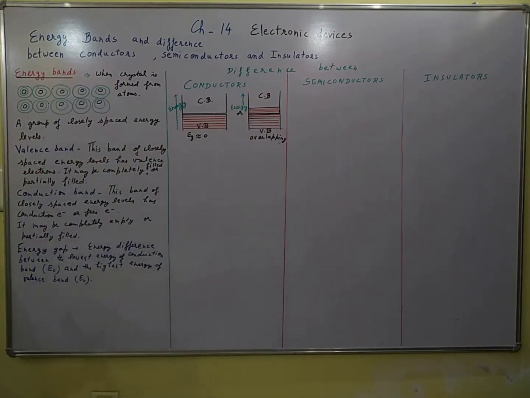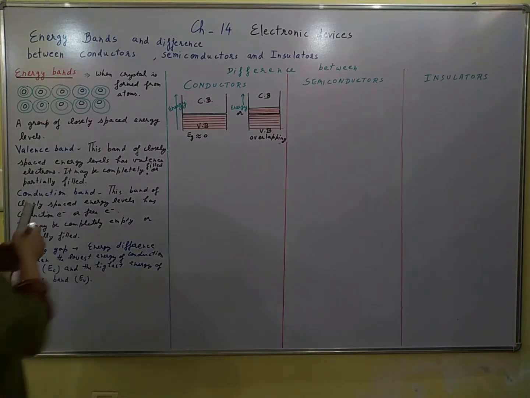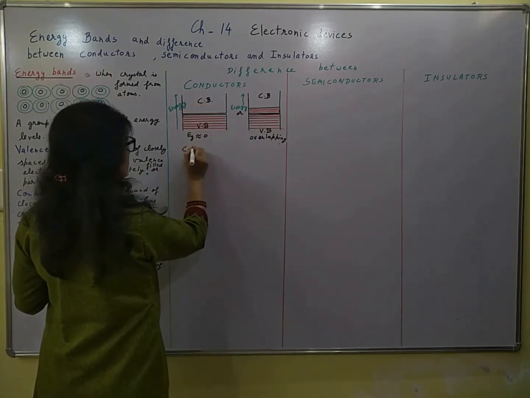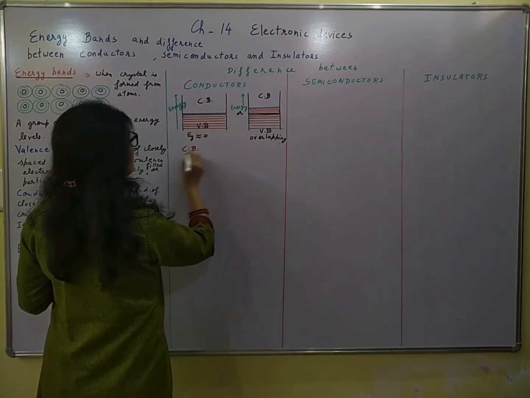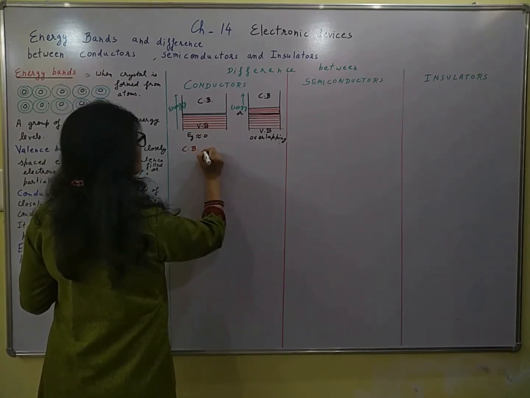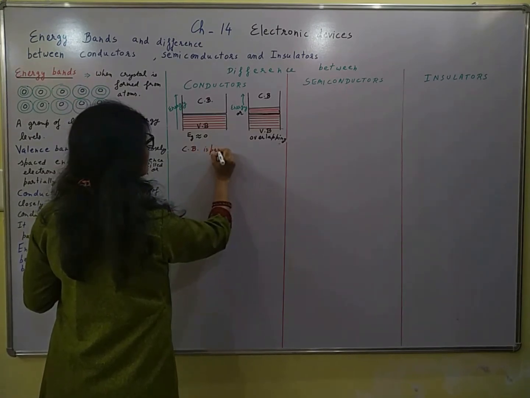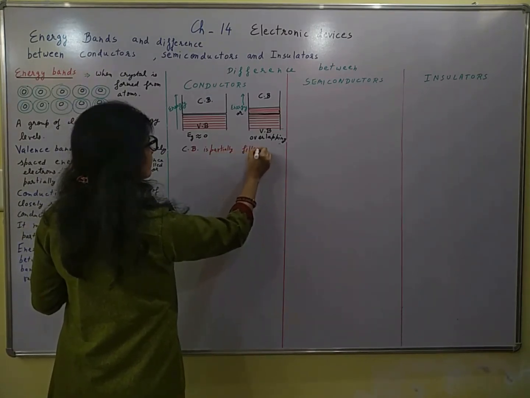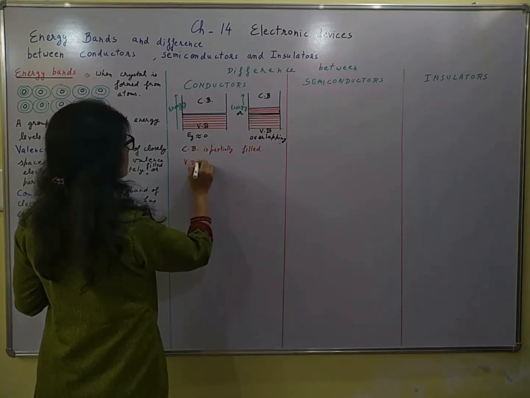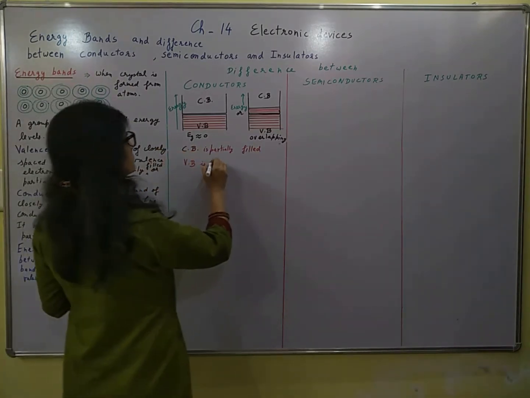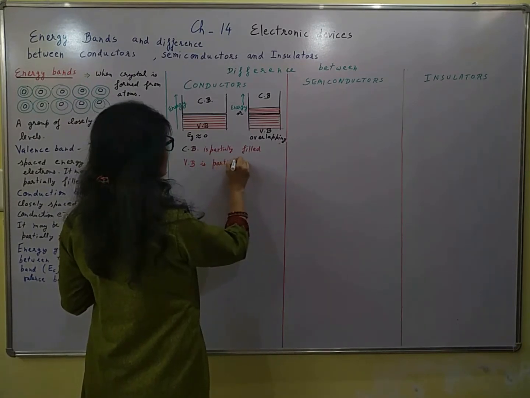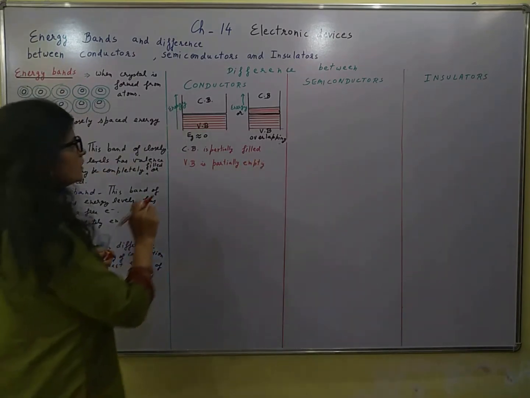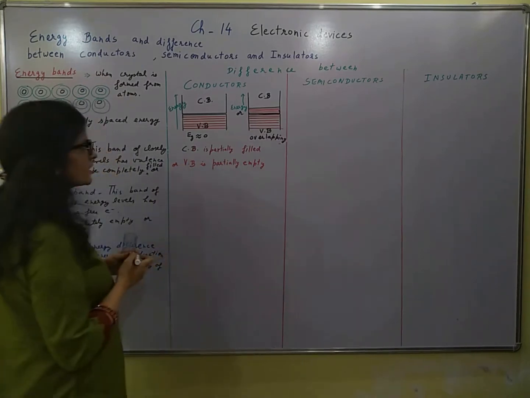Right? So in this case, what happens is that the conduction band here may be partially filled, or the valence band is partially empty.